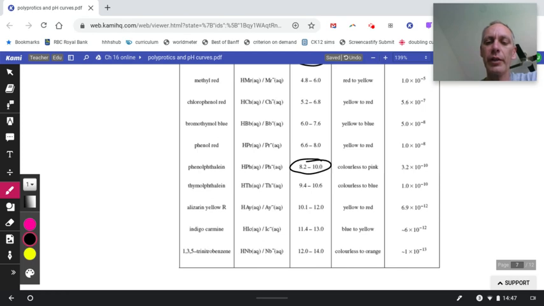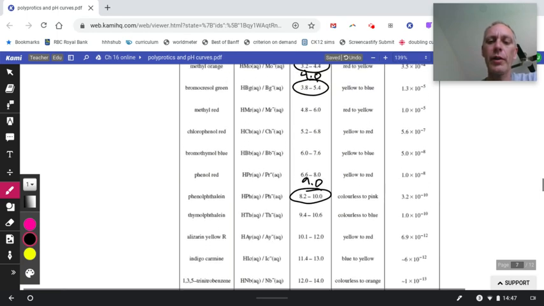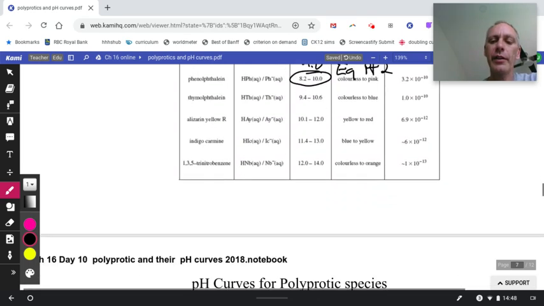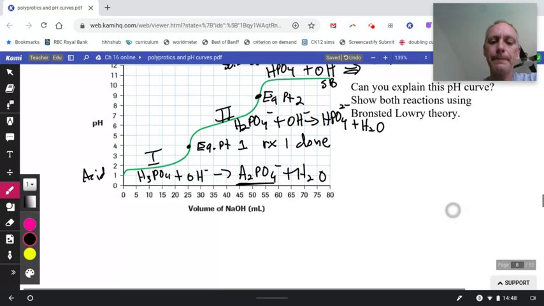So that would be a good indicator, probably the best indicator, phenolphthalein. 9 is almost right in the middle of its color change. So for equivalence point 1, if you wanted to stop there, stop your titration. Or if you were going to stop it after equivalence point 2, you would use that indicator. Okay.